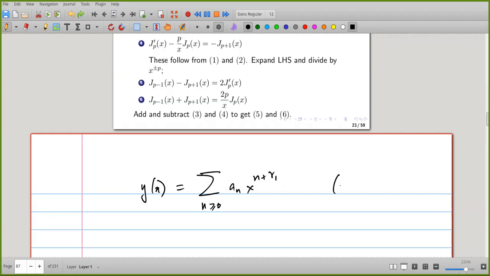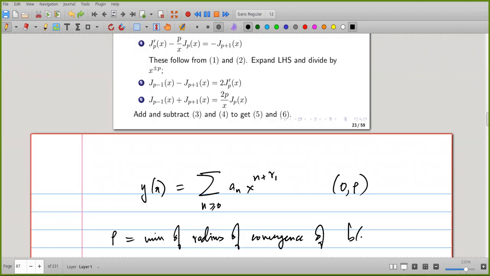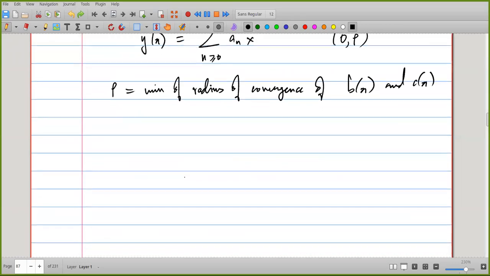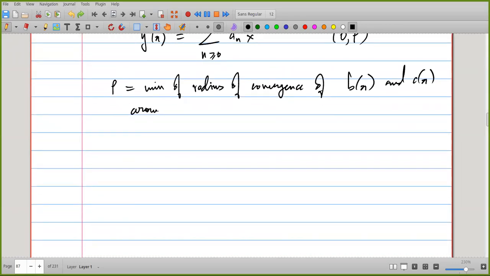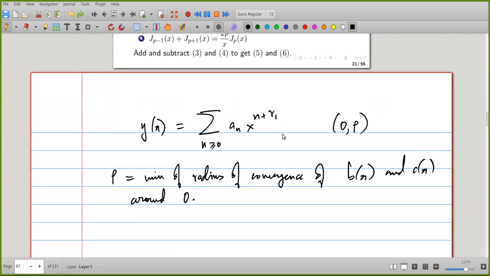Then we just stated it as a theorem that this power series makes sense in the open interval 0 to rho, where rho is equal to the minimum of the radius of convergence of b of x and c of x around 0. We stated this as a theorem.